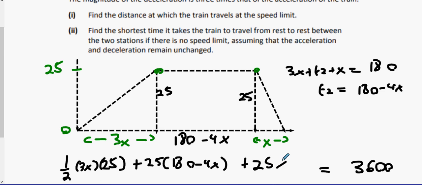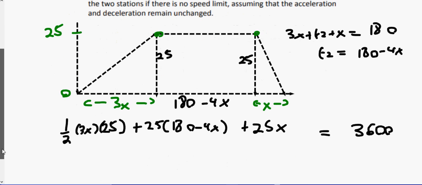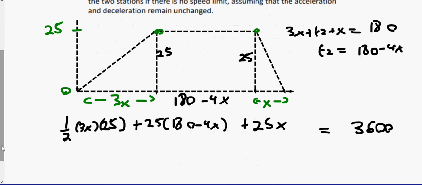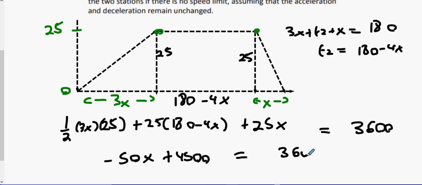If you put all of this in and do it properly, you get minus 50x plus 4,500 equals 3,600. You're all applied math students, so do it out and you get that.